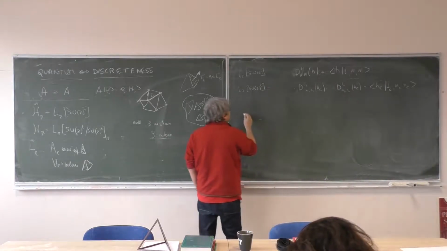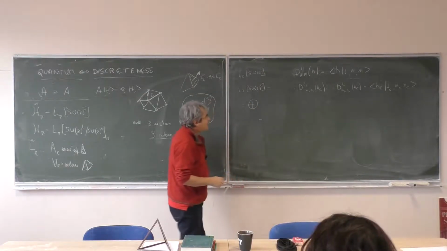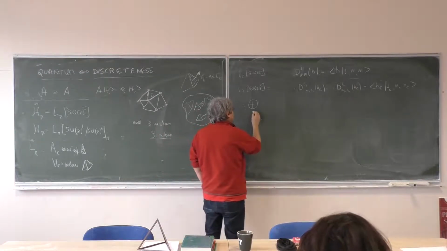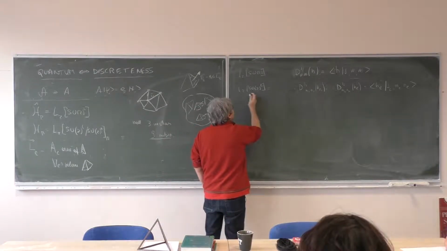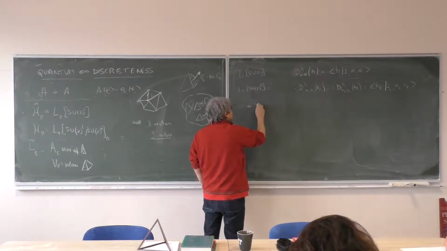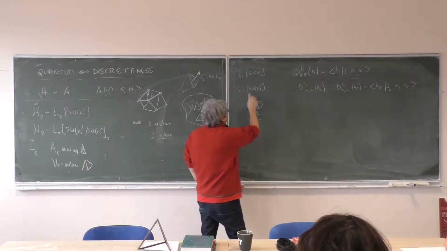Abstractly, what I'm doing, I'm writing this as a sum over all possible... Let's do it slowly. So this is a tensor product over L of this.